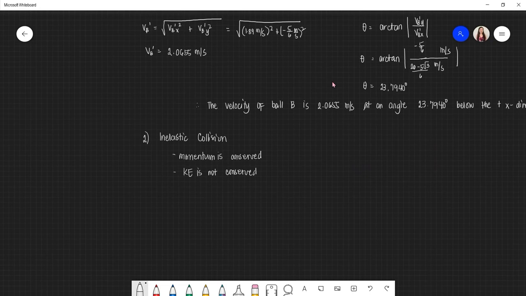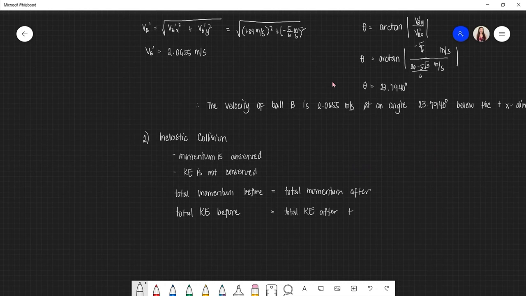Meaning, total momentum before collision is still equal to the total momentum after the collision, but the total kinetic energy before the collision is equal to the total kinetic energy after the collision plus energy which has been converted to heat or other forms of energy.